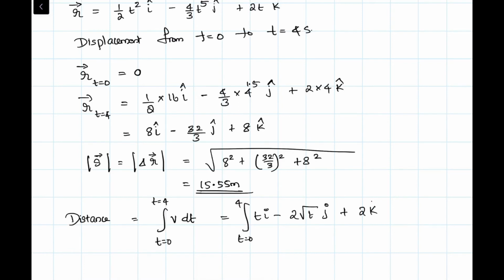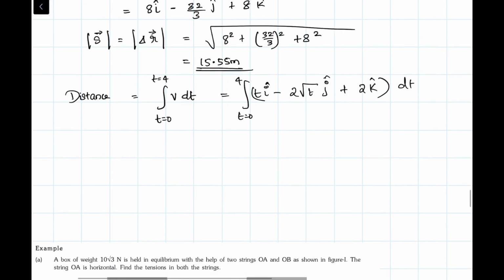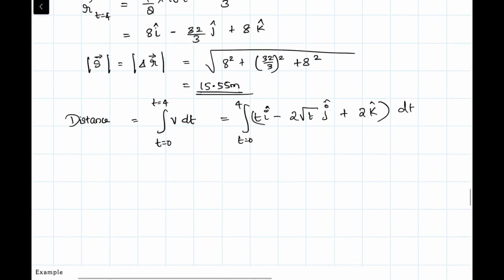This was the velocity part. Now I'm going to multiply by dt. We know that distance is a scalar quantity, so there is no meaning in writing it in vector form. So we have to take the magnitude of this quantity.